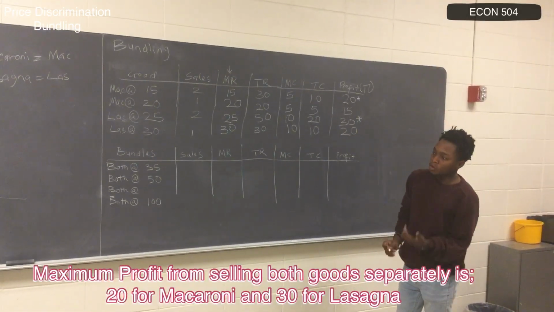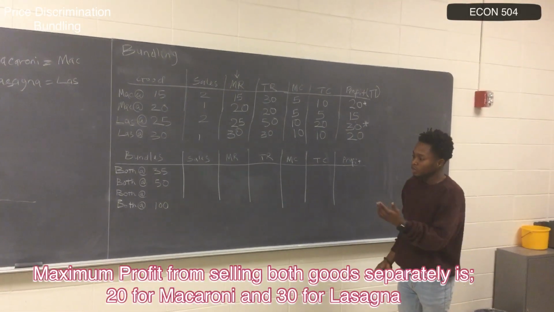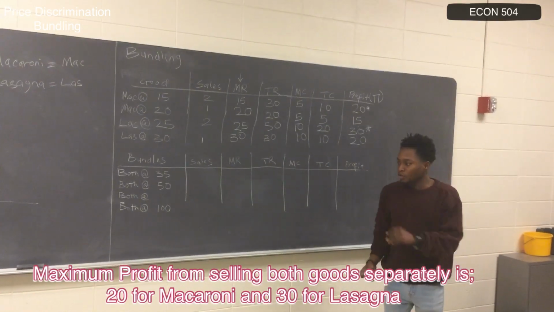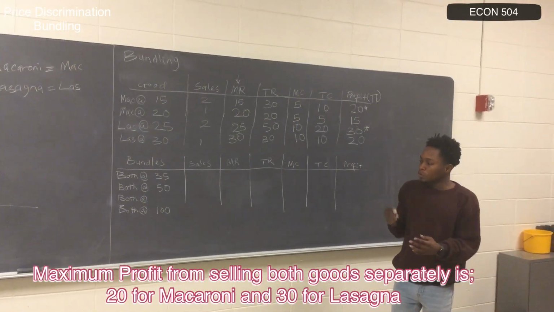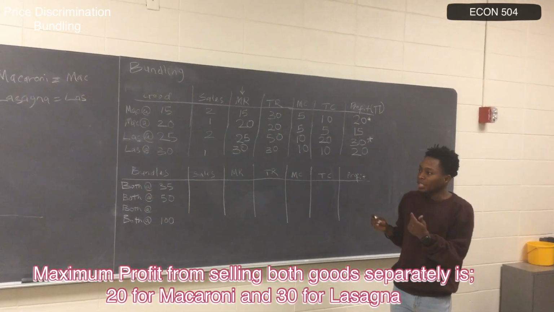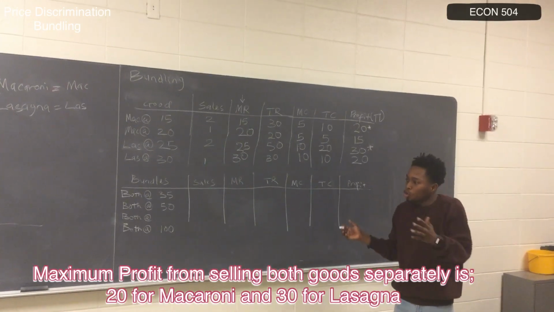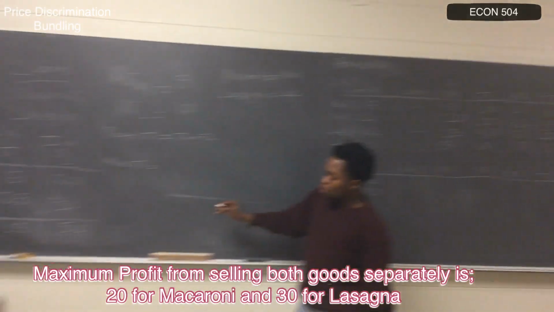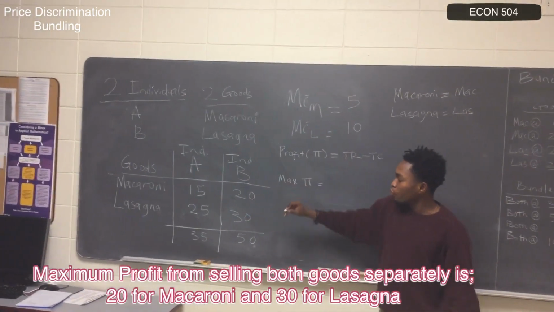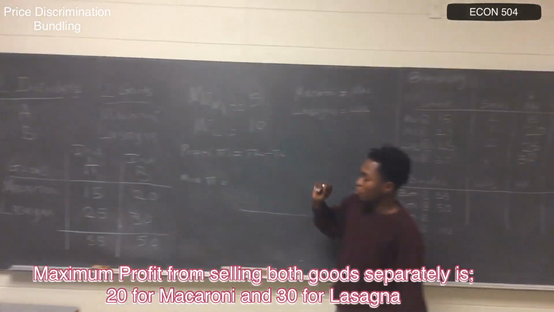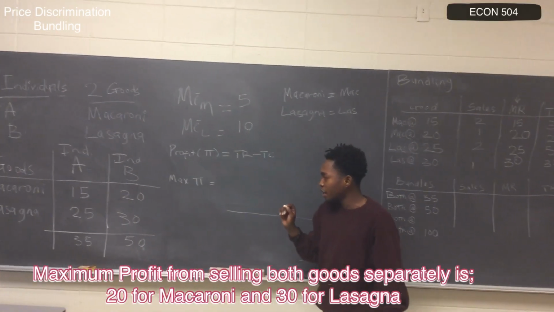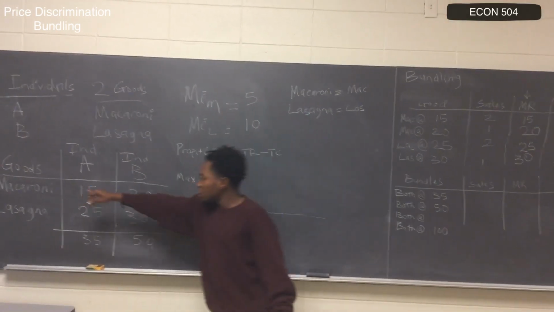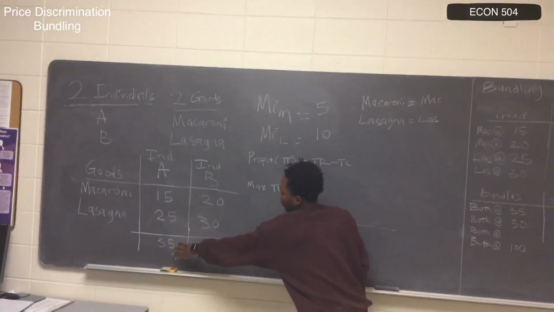Right. So under price discrimination, like I said at the beginning of the video, if I want to maximize profits under bundling, and I'm bringing all goods together, so if I'm going to combine all these goods to find the maximum profits which I'll make, I will combine both goods at separate prices.